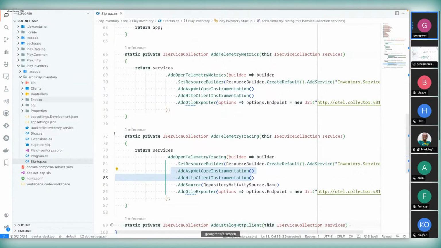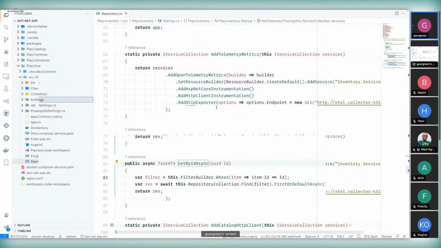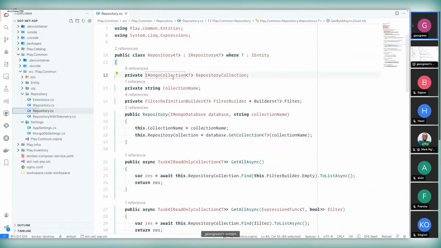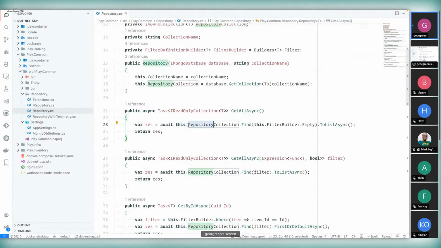And if you're not running a service, but let's say you are providing a library. For example, this is a library that is used both in catalog and inventory. This library is for accessing MongoDB. If I open it quickly, you can see it's just a bunch of functions that have a MongoDB client, and then they just send those queries down to MongoDB.